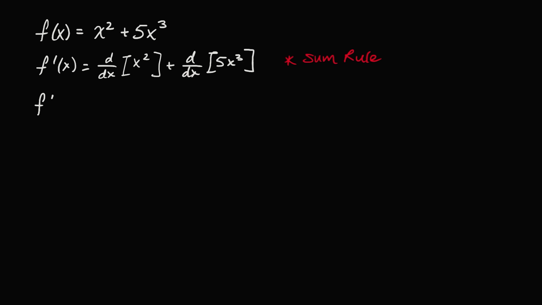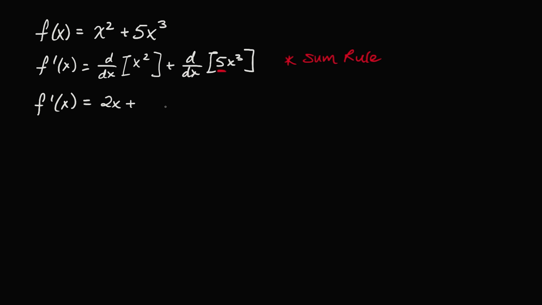Now, we can evaluate this, right? So the derivative of x squared, we know, is 2x based off of the power rule, right? And then plus, now this is where things get a little bit complicated because we have a coefficient here. For the 5x cubed, we have a coefficient of 5.